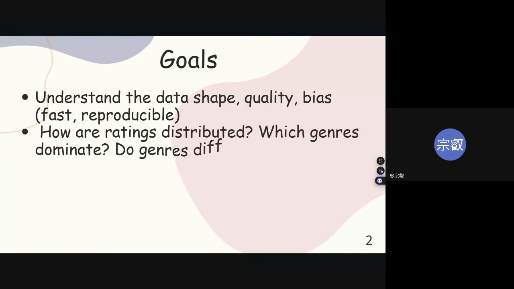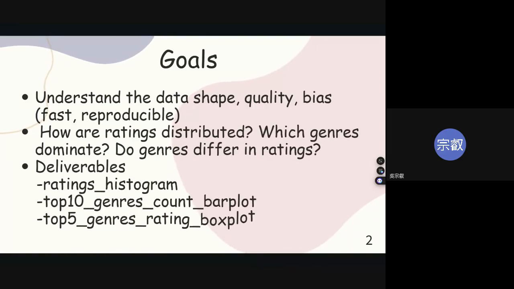Our goals are straightforward: understand the shape, quality, and bias of the data quickly and reproducibly. Specifically, we want to know how our ratings are distributed, which genres dominate the catalog, and whether genres differ in their rating behavior.